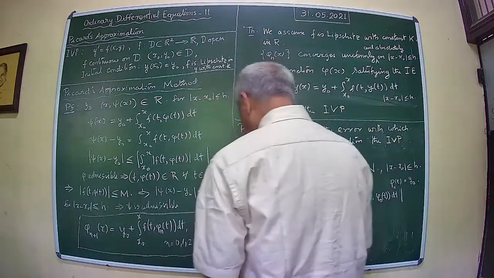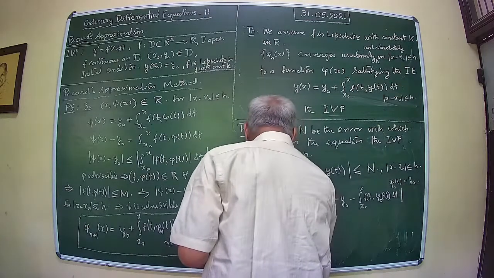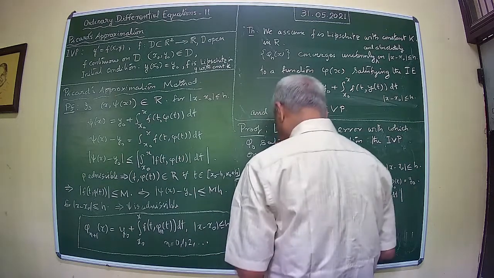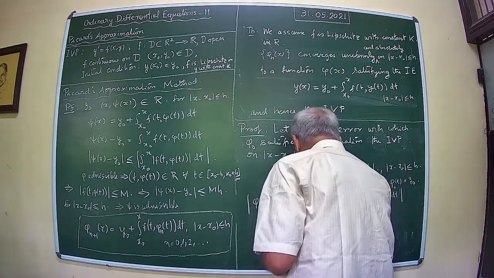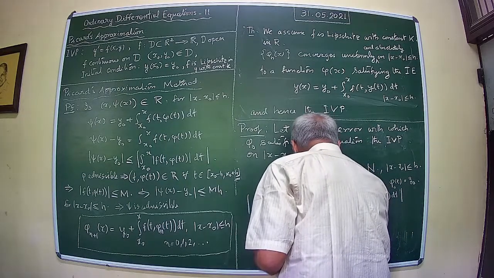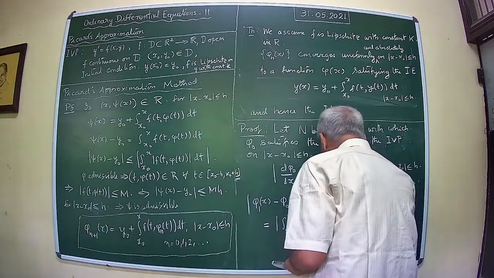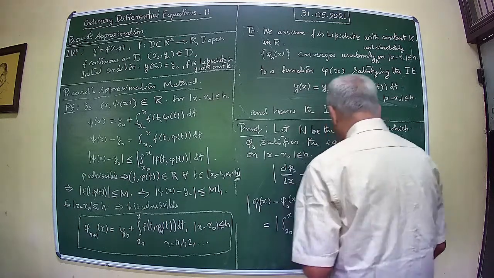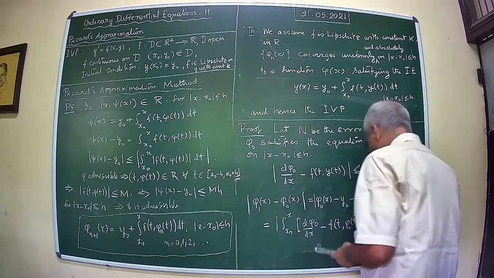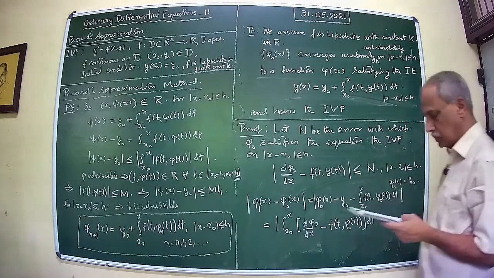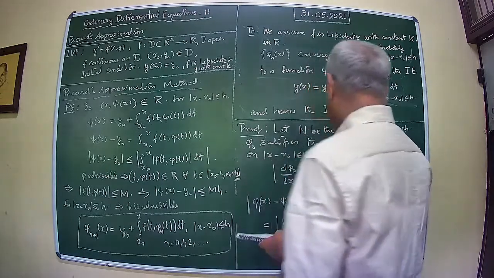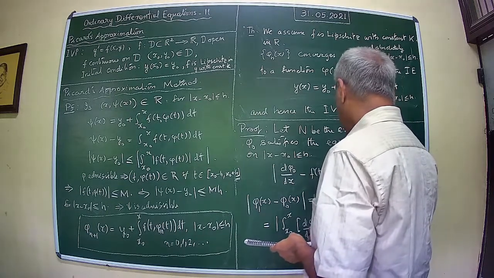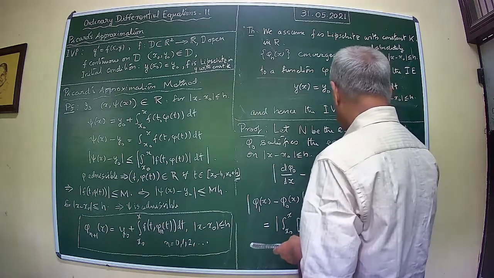Okay. Therefore, you see that this is equal to this, because if you integrate this you get phi naught x minus phi naught at x naught, that is y naught, and then this is what you get.